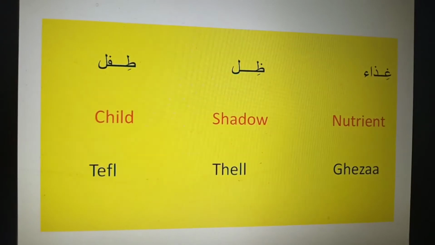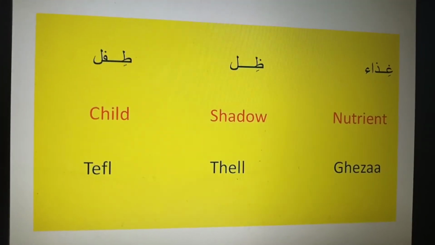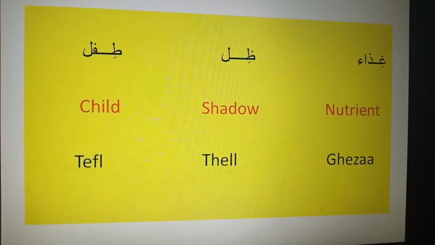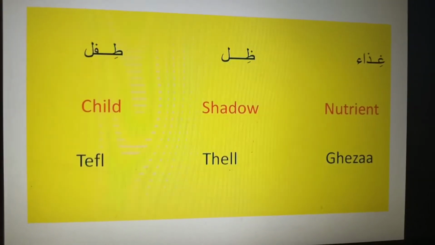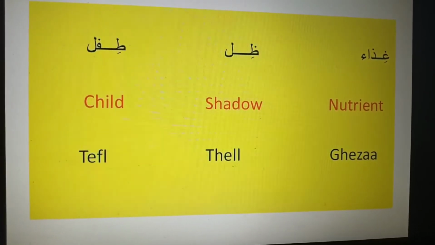That's a short E sound, because it's only a kasra below the ض. There is no ya in the middle.